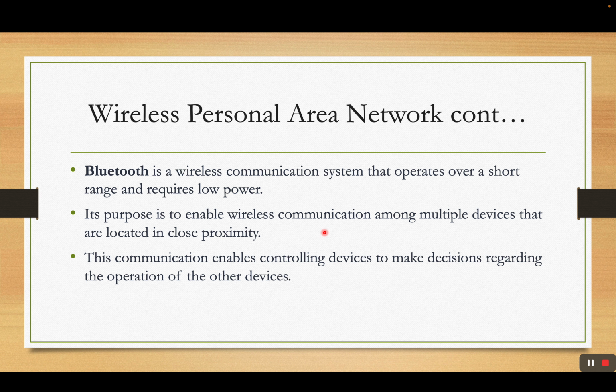This small network is very useful for connecting communication devices such as mobile phones, cordless phones, printers, speakers, MP4 players, microphones, and so on. Now, what are the main features of Bluetooth?